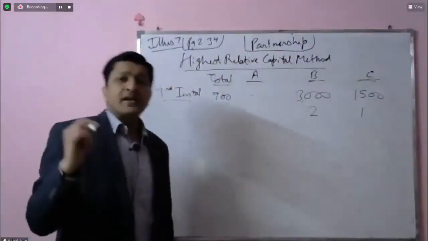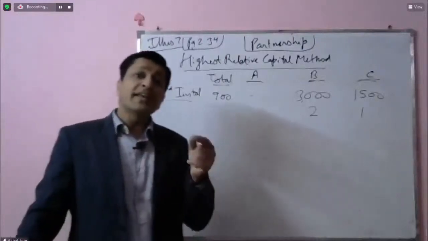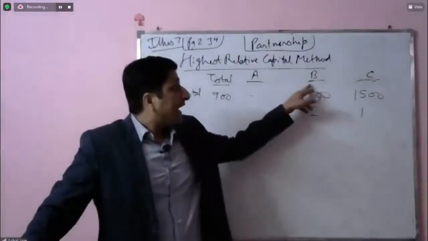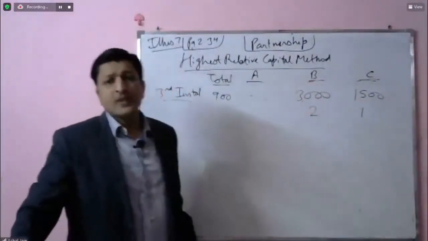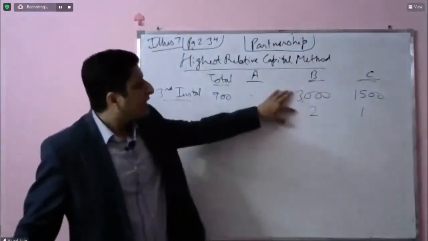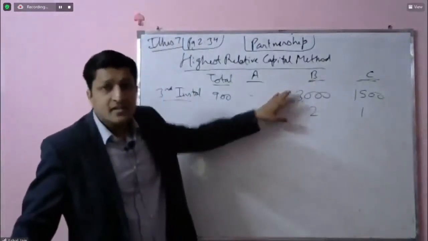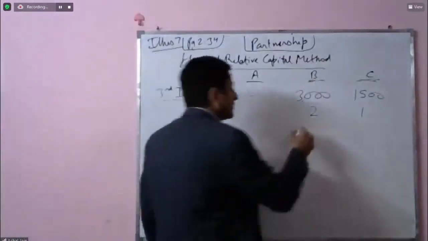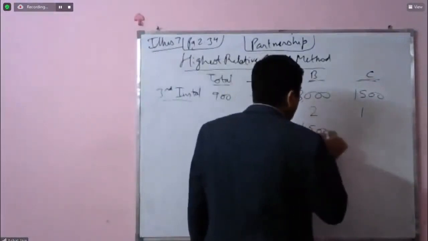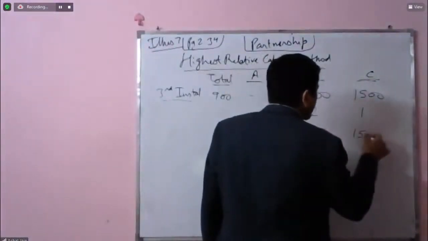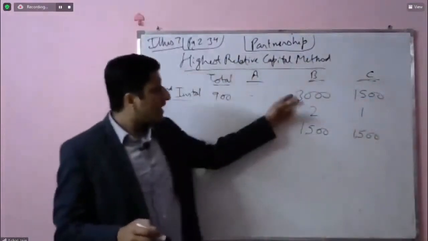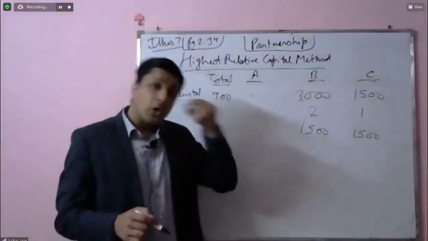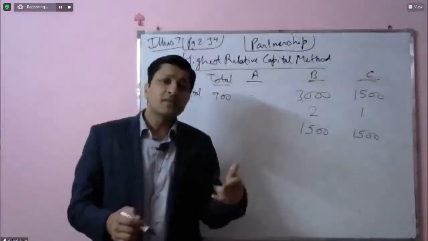And let's suppose we have to once again compute whether any of these partners have also contributed in excess of their capital. So what do we do? We will divide their excess amount by their profit sharing ratio. So this will become 1500 and this will become 1500. And do we find this amount on the basis of the same method in excess of their capital?